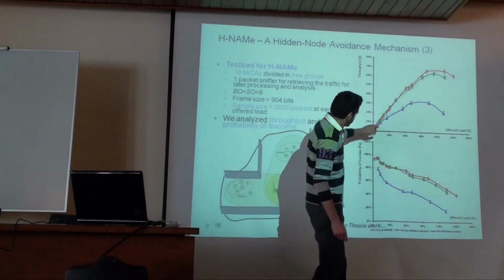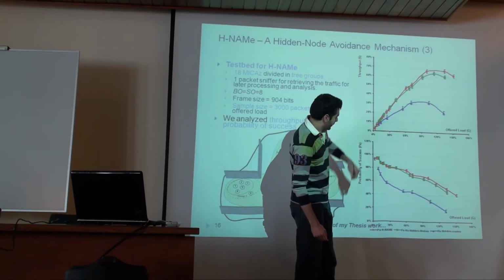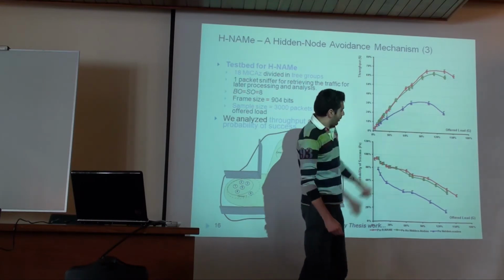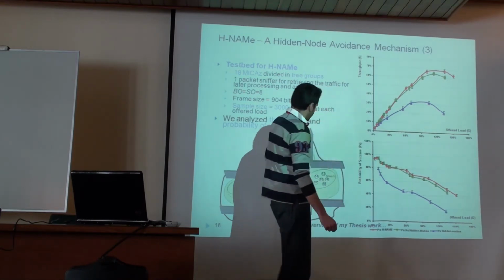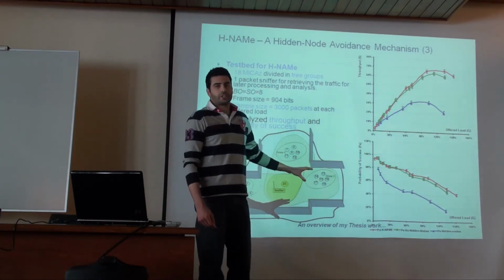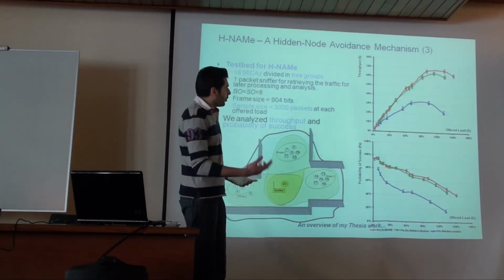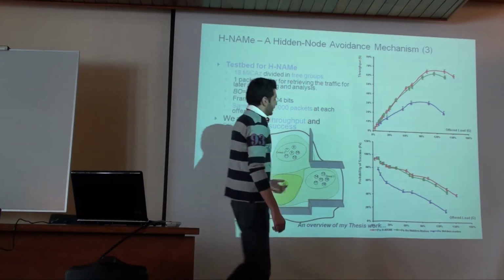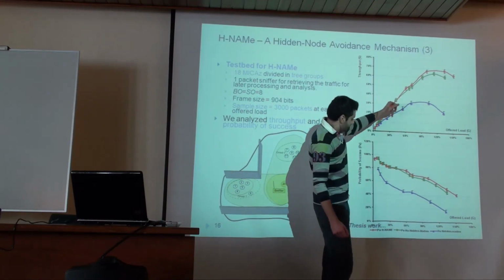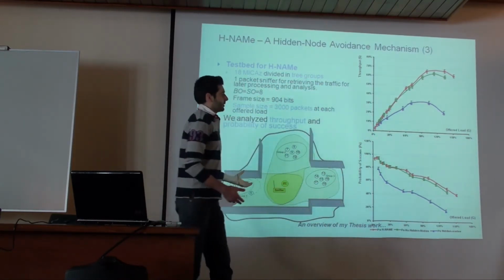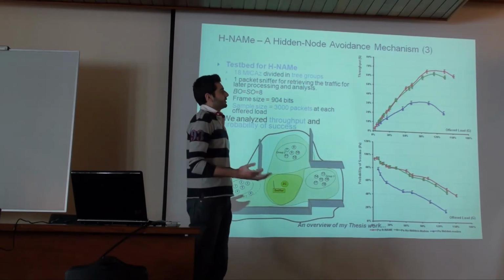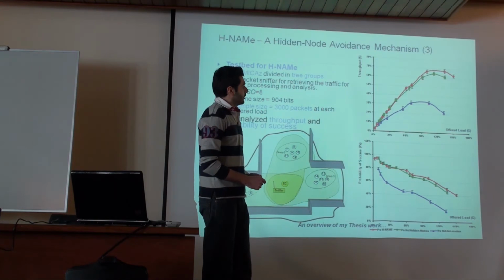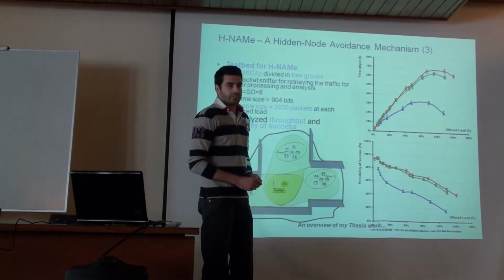Here you can see the throughput result, this is the probability of success, by the way. So you can see the throughput result for this testbed without H-NAMe, I mean, where all nodes are transmitting and with the hidden node problem. The red line is the same testbed with H-NAMe, which you can see is a tremendous difference in performance, over 100%.